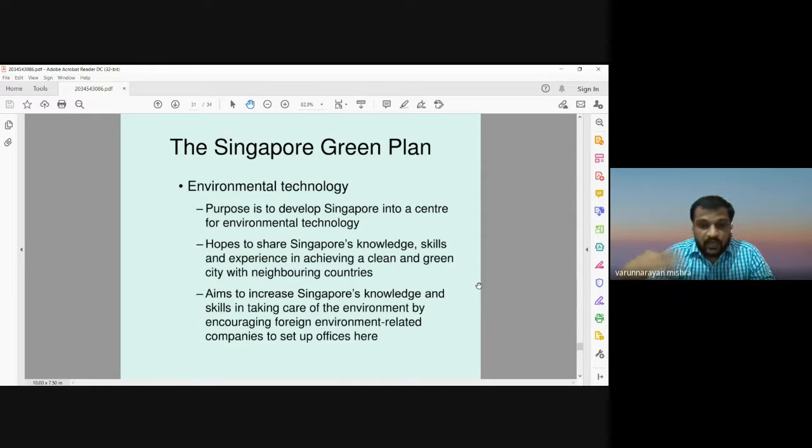They invite foreign companies, different investors and factories to set up their offices there with environmentally friendly activities, so that their environment will be clean and conserved with the development of that area and city.